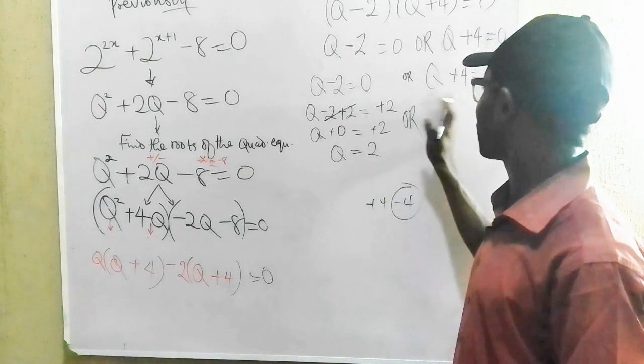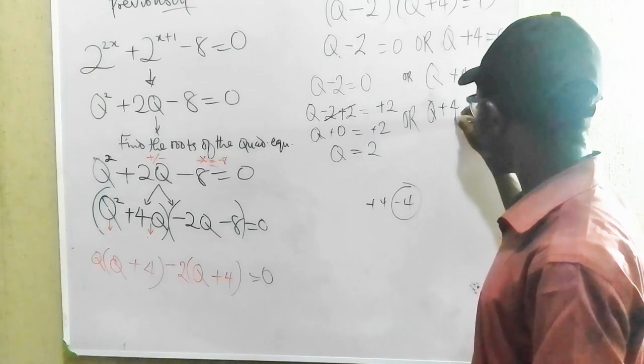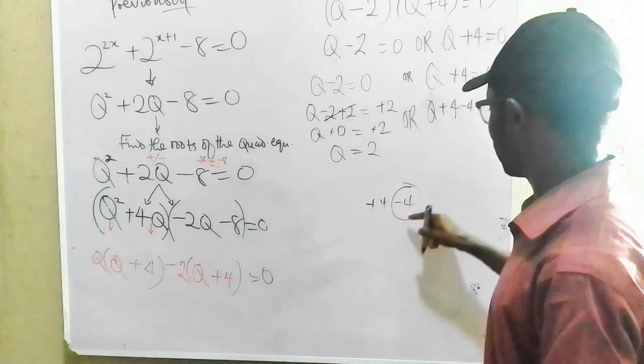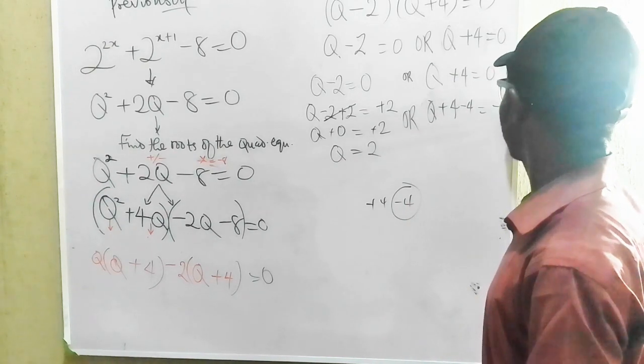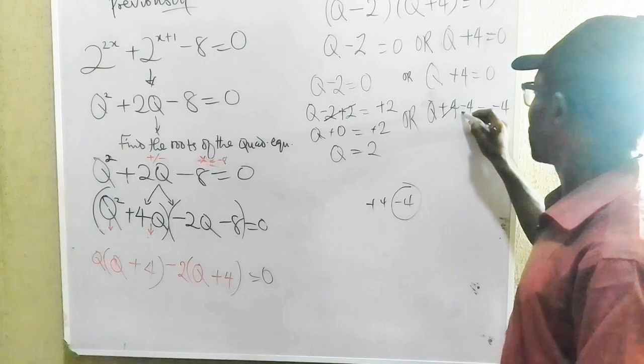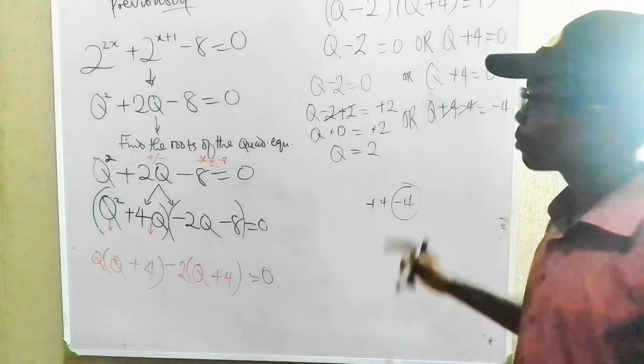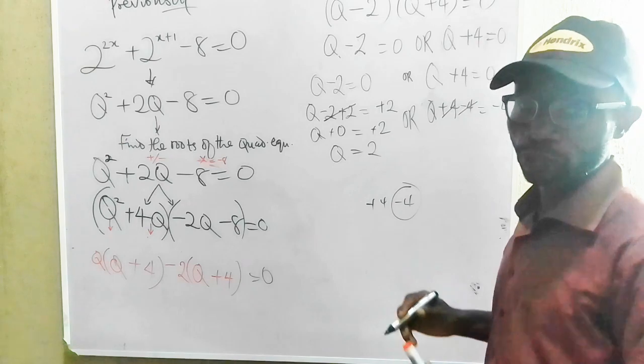So whatever I do to the right, I do to the left. So this is q plus 4 minus 4, then I put minus 4 here too. So plus 4 minus 4: I have $4 and I'm paying $4.